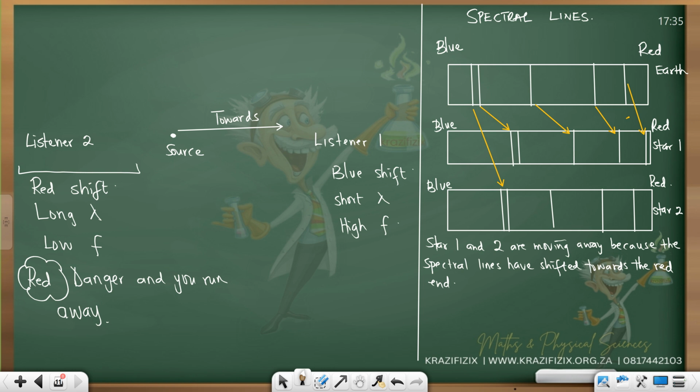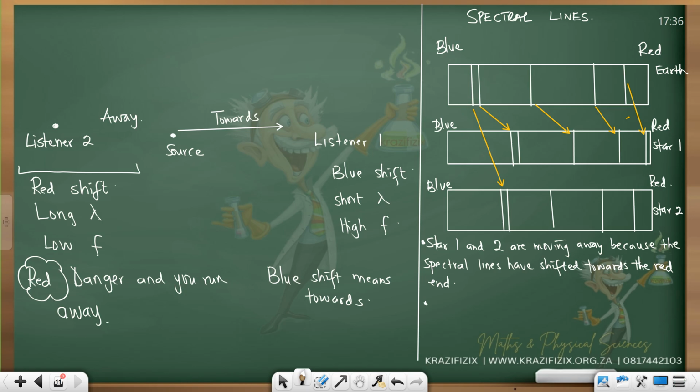Please give me thumbs up if you understand that. If the lines were moving towards the blue, then we'd say it's blue shifted, which means the object is moving towards. Red is away. Oh, I forgot to write here. Blue shift means towards.